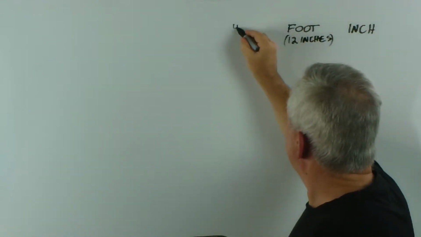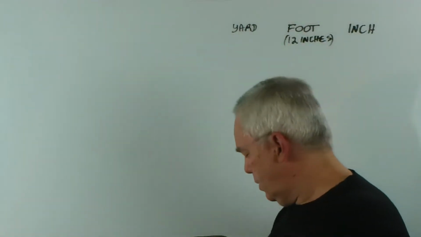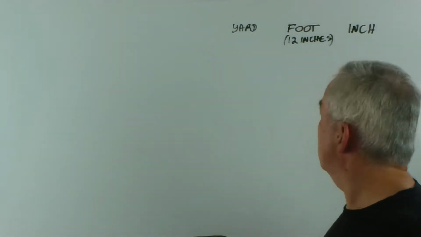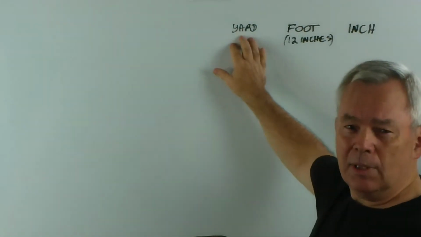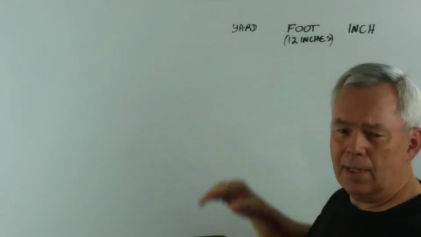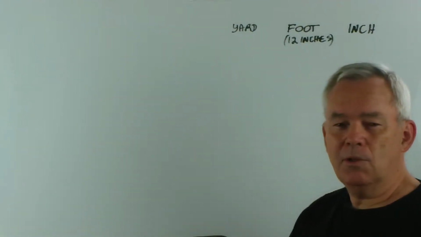The next unit of length was the yard. This appears not to have dated back to Roman days, but probably to Anglo-Saxon days, and was used predominantly in the early days for measuring cloth. I'm sure it had other uses as well, but right through the centuries it's been used for cloth measurement.